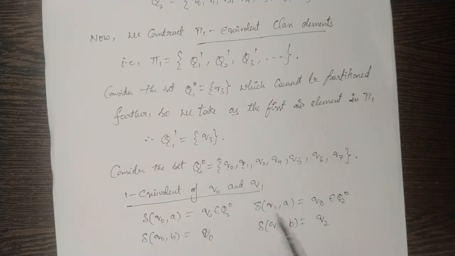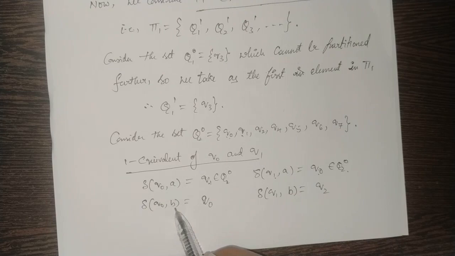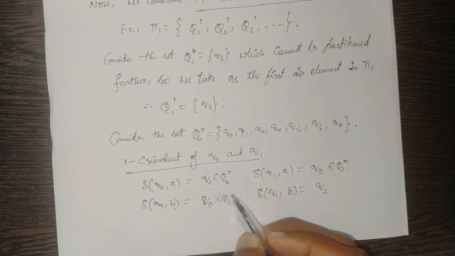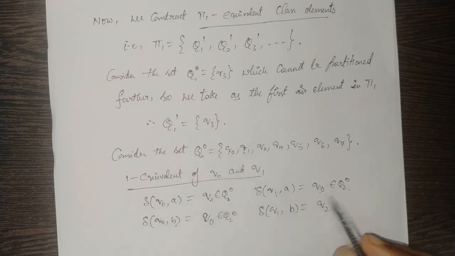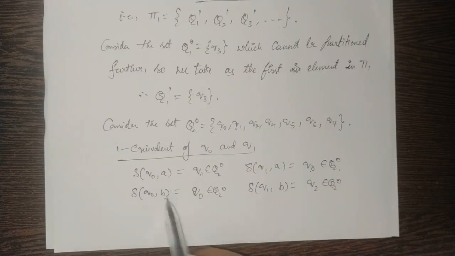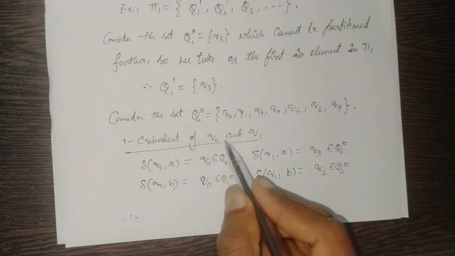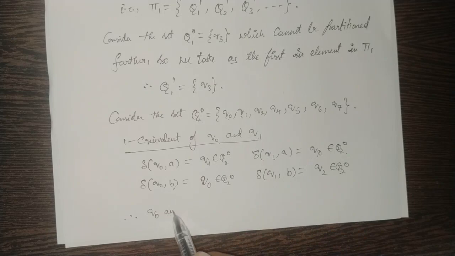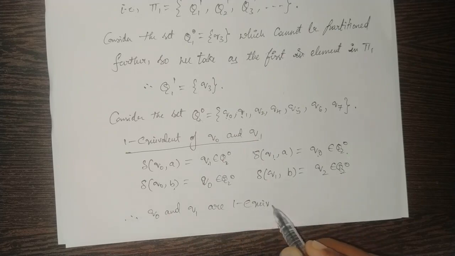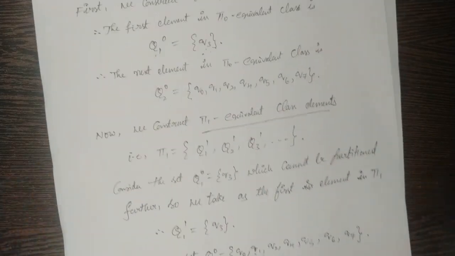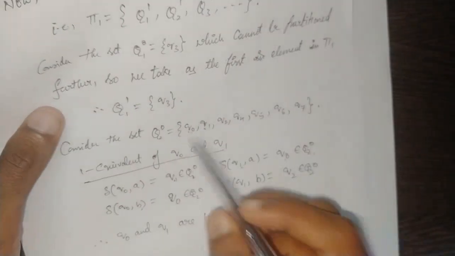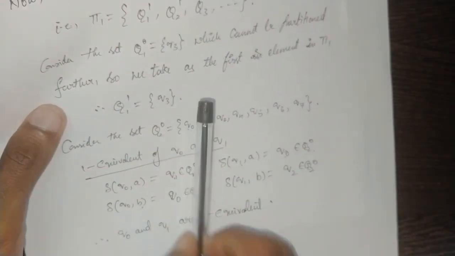So for input A, both the states belong to the same set. For input B, Q0 belongs to Q2 naught and Q2 belongs to Q2 naught. So for B also, both the states belong to the same set. Therefore Q0 and Q1 are one equivalent.